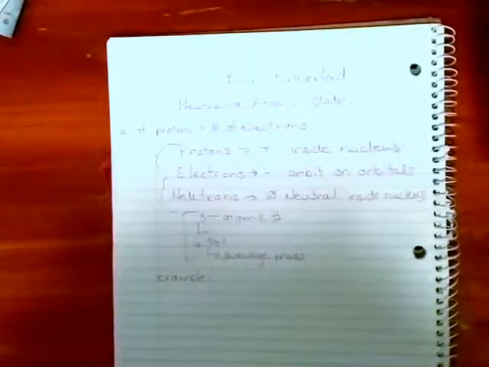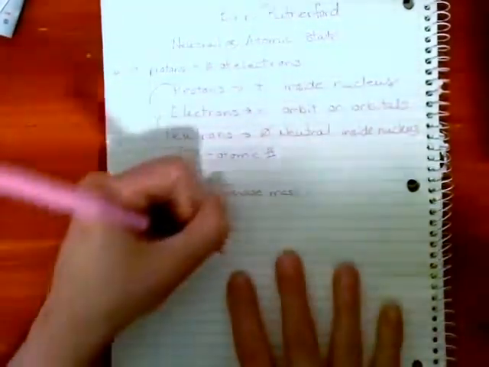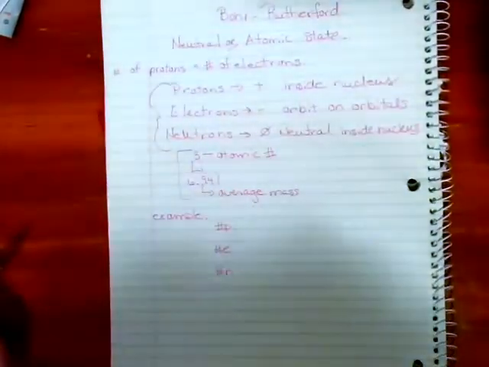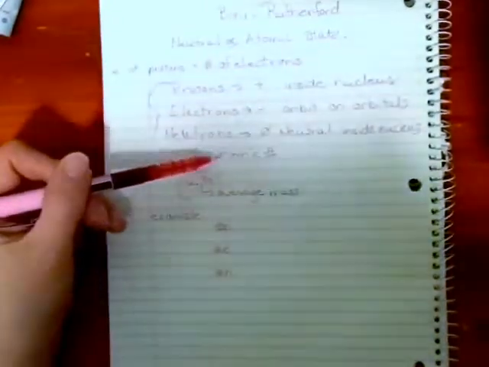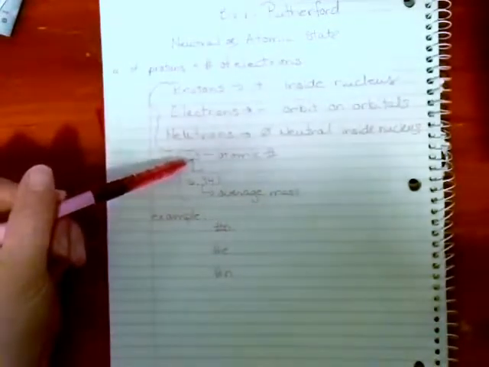Okay, so first off, you need to find the number of protons. We're just going to use P, okay, the number of electrons and the number of neutrons. So it's very simple. Remember from the periodic table that the atomic number, so the whole number, and that is its placeholder on the periodic table, is the number of protons, okay?